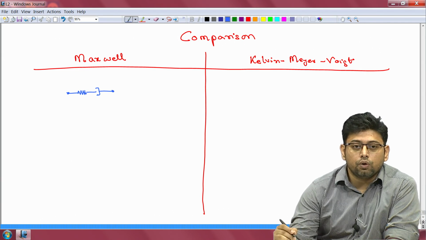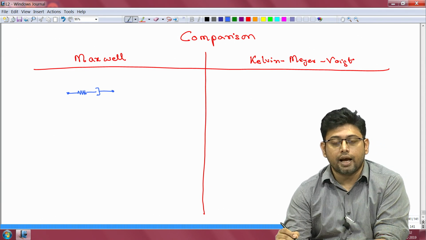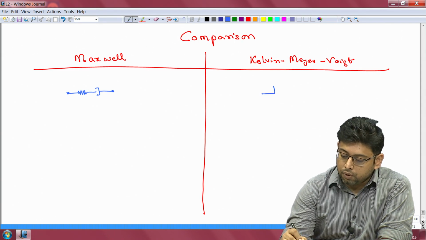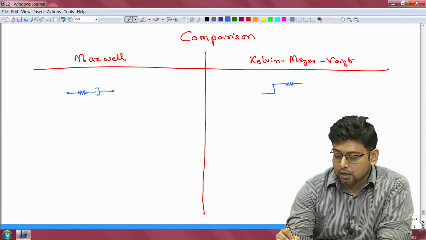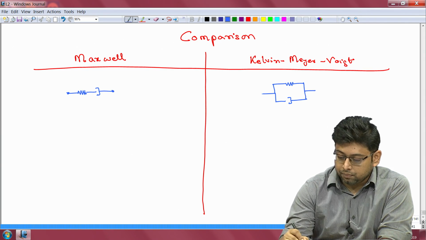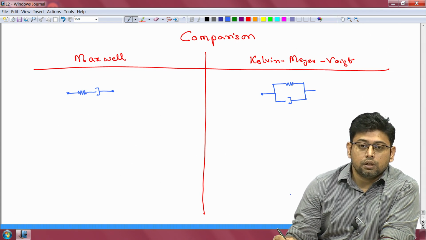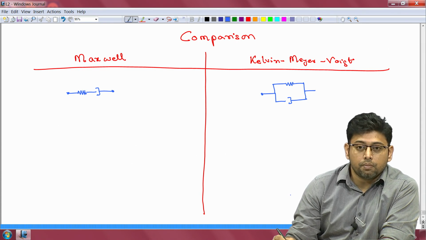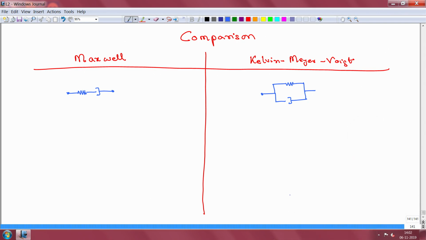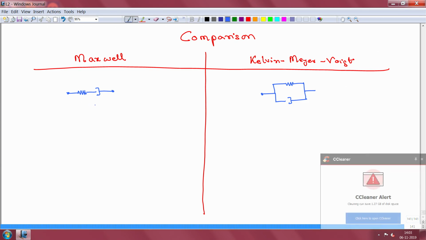In both cases we took a single spring and a single dashpot. Right. In one case we put them in series, and in the other case we put them in parallel. And in both cases the spring and the dashpot were massless. The other important issue here is that when we place them in a series configuration, we saw that it is suitable for describing a viscoelastic fluid, right.